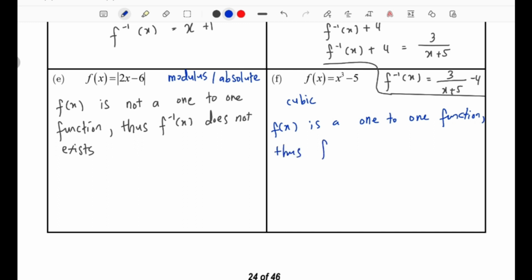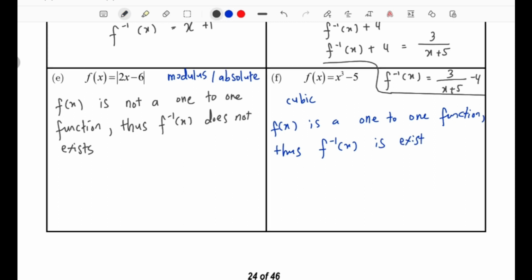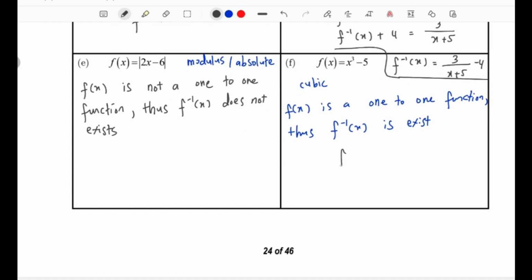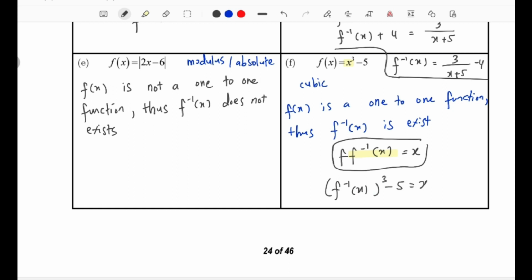Thus, f inverse exists. Since it exists, we need to find the f inverse. Substitute f inverse into the f. Then rearrange until we have f inverse as the subject.